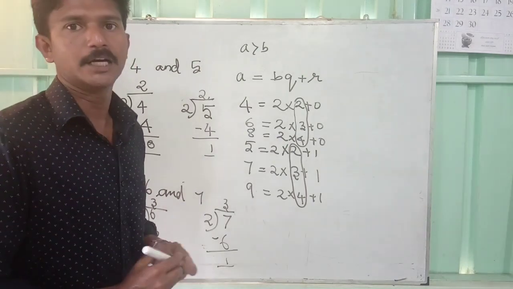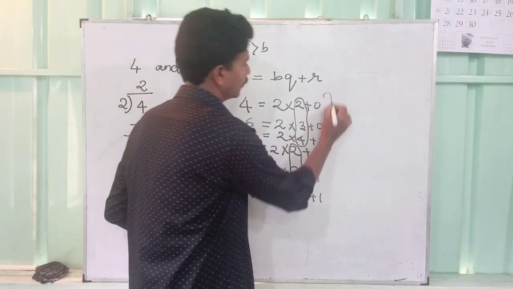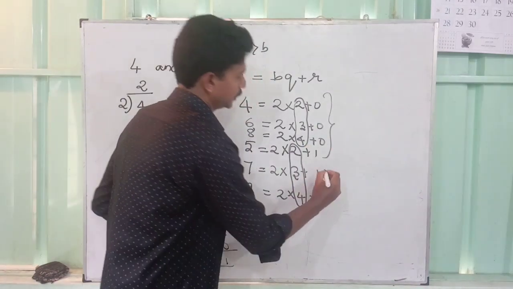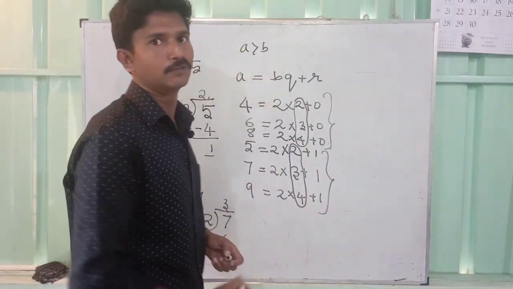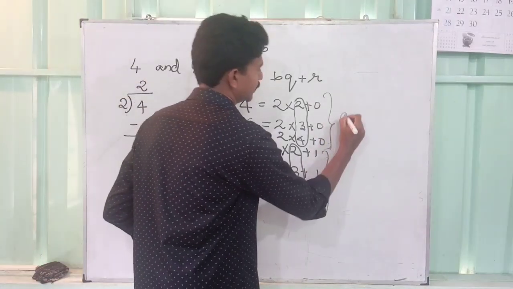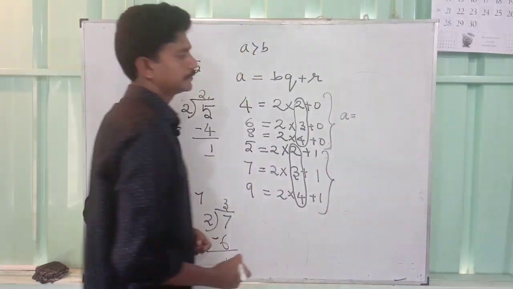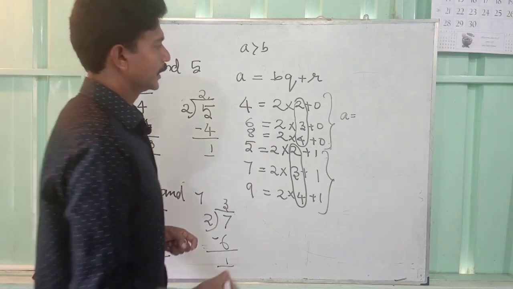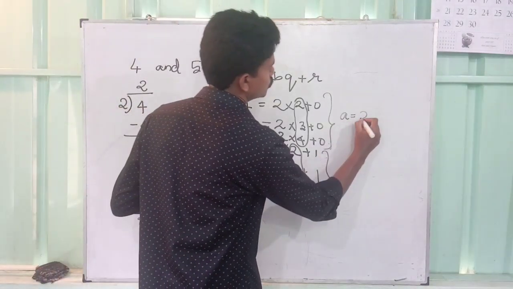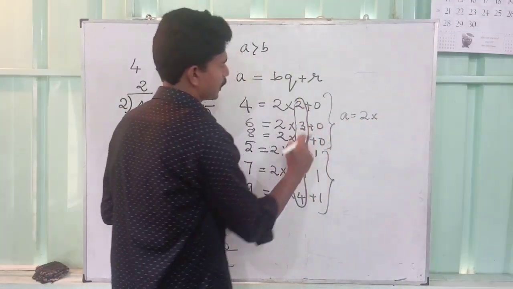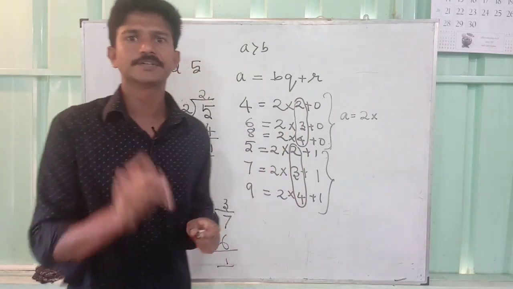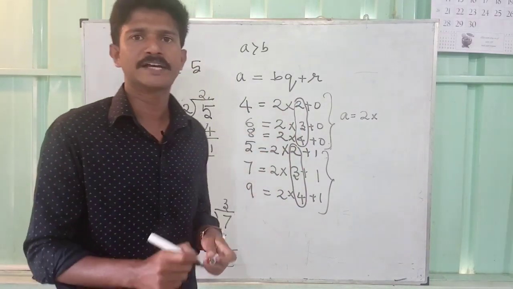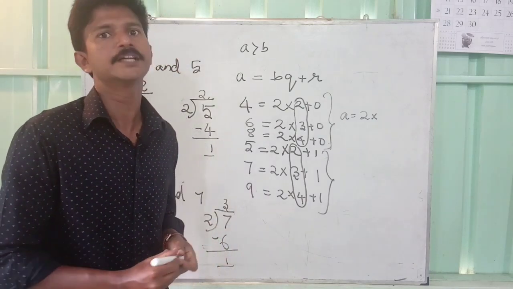We can write a common form for even numbers and for odd numbers. Any even number can be written in the form of 2 into something, and this is changing. Instead of this, we can write a variable. Why are we using a variable here? Because this value is changing, varying, right?